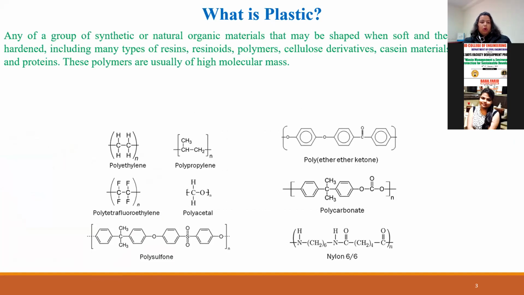So what are these properties in plastic that make it a really good fit to be used along with bitumen in the road sector? So let's start with understanding plastic. It can be synthetic, it can be semi-synthetic, it can be in the form of a resinoid polymer. They mostly have a very high molecular mass.